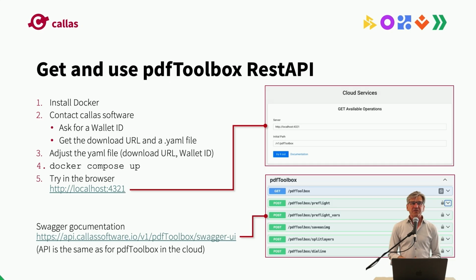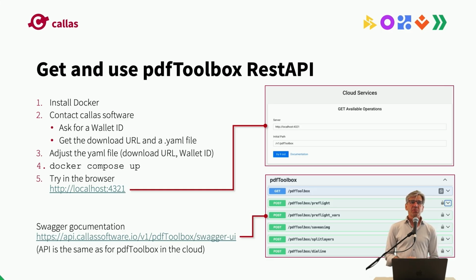So if you're interested, what should you do? First, you need the Docker environment. So you need to install Docker. Then second thing that you need, and there you have to contact us. If you use license server, you need a wallet ID or an OEM license. And then together with the wallet ID, you would receive the download URL for the Docker image and a YAML file.